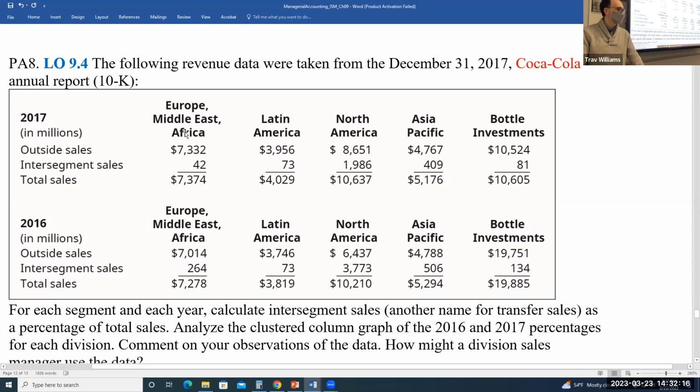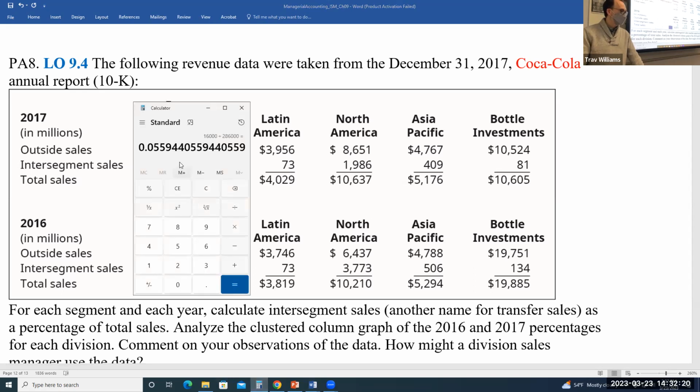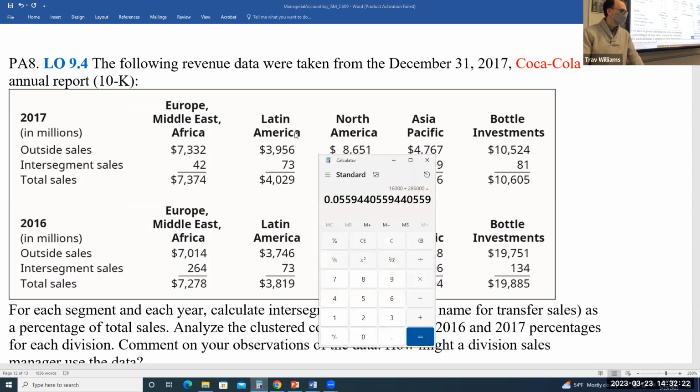So for example, for Europe, Middle East, and Africa for 2017, we would take 42, it's millions, but we can just leave off the millions because the percentage comes out the same. 42 intersegment sales divided by the total sales, and that would be 0.6%.